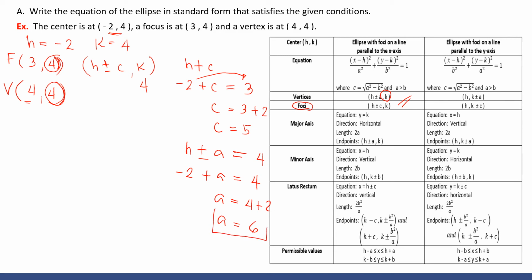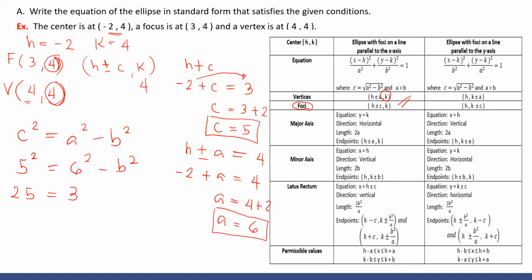Meron na tayong A value, meron na tayong C value. Ang nawawala na lang natin ay B. And again, sa ating previous samples, we can solve B through C squared is equal to A squared minus B squared. So replace C using 5 dahil yun ang nakuha natin. Kaya meron tayong 5 squared equals A value, which is 6, squared, minus B squared. 5 squared is 25, while 6 squared is 36, then minus B squared.